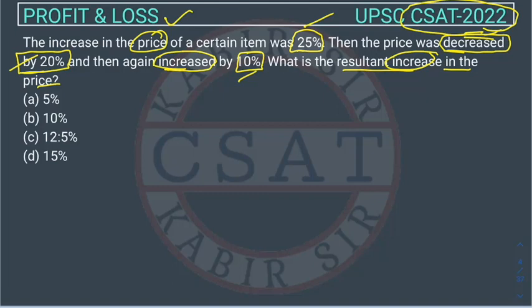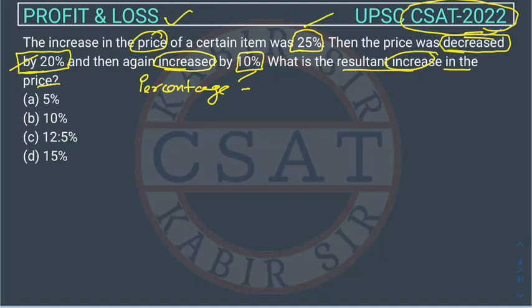Okay. So see, profit and loss questions we can directly do using the concept of percentage, right? So there is no need to learn a new concept of profit and loss, because most of the questions you can do simply by using the percentage concept. So here I will try to solve all these questions using the percentage concept only, right?